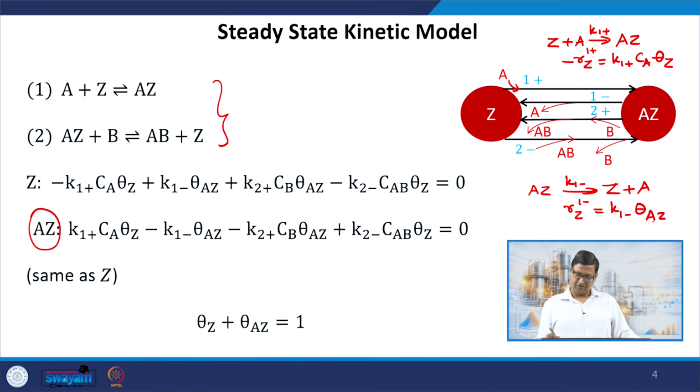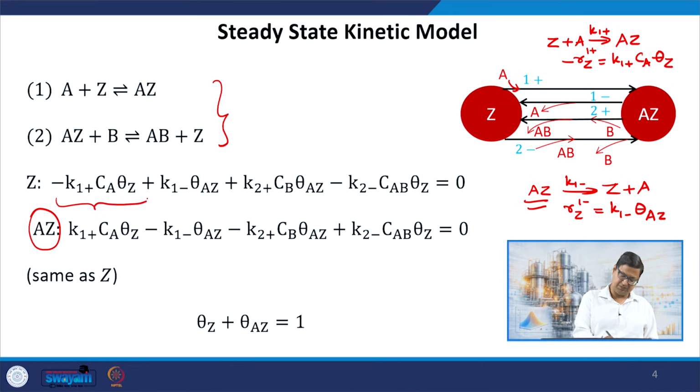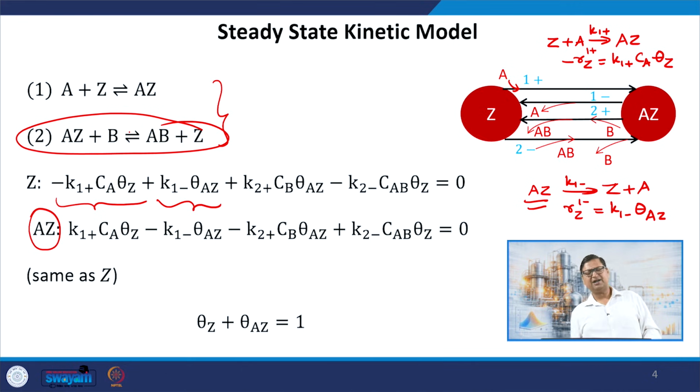The number, or the fraction, or the concentration of the AZ intermediates in the problem, that is my theta AZ, the coverage of the active sites by the AZ intermediate. So that means my first two terms, in the first reaction 1 plus it is getting consumed, second reaction Z is getting formed. Similarly, for the second reaction also we have a forward and a backward.